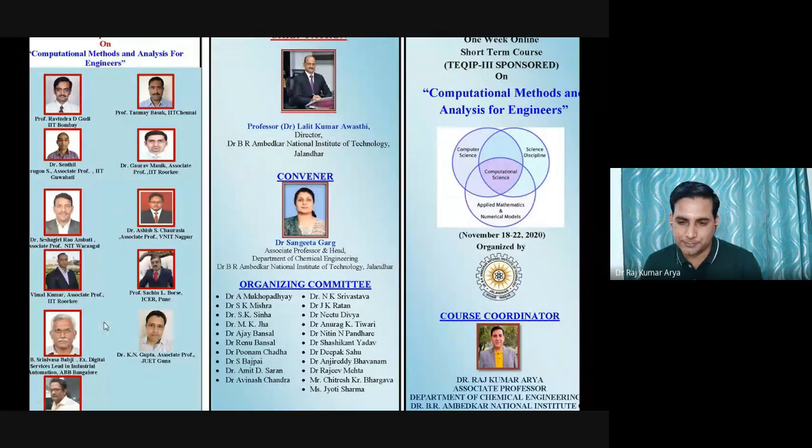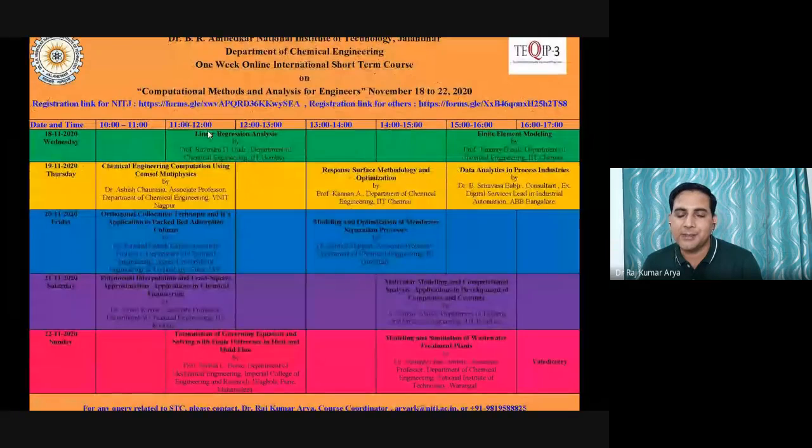They will talk on various aspects: linear regression analysis, finite element modeling, multi-physics COMSOL, RSM, data analytics, orthogonal collocation for PDEs for adsorption, modeling of membrane processes, polynomial interpolation and least square approximations, molecular modeling and simulations, formulation of finite difference in heat transfer, and modeling and simulation of wastewater.